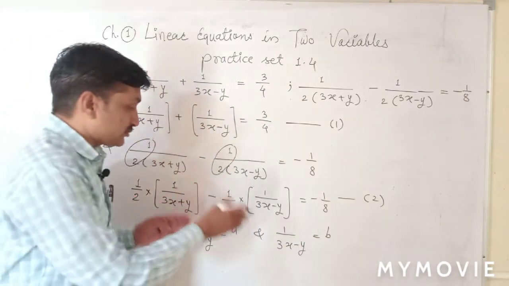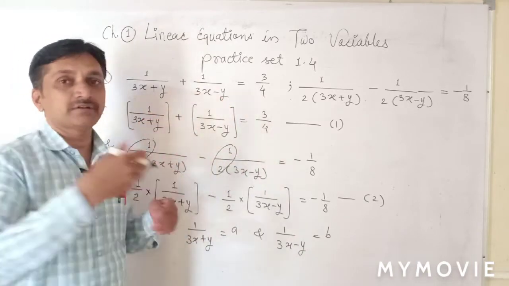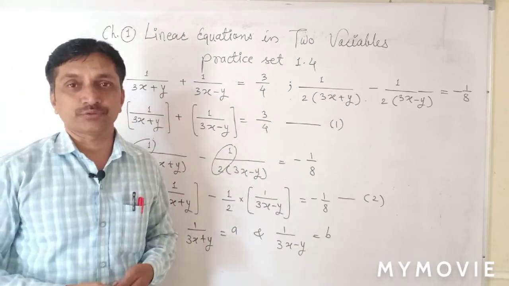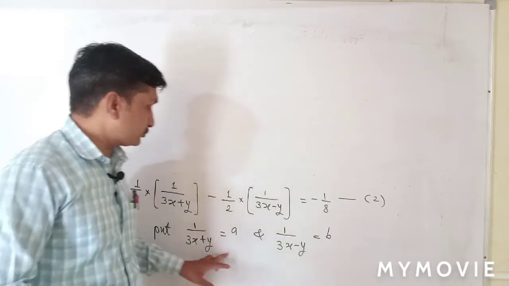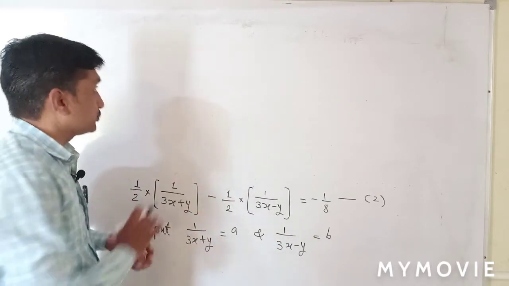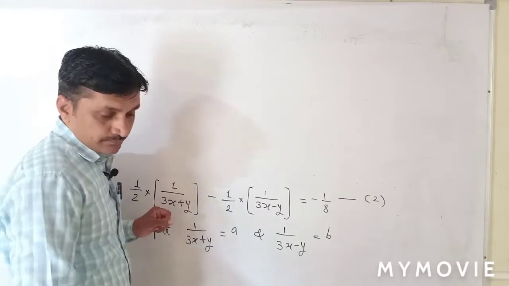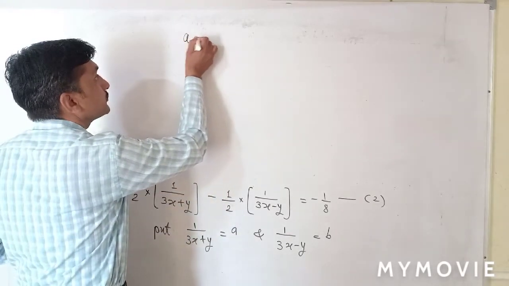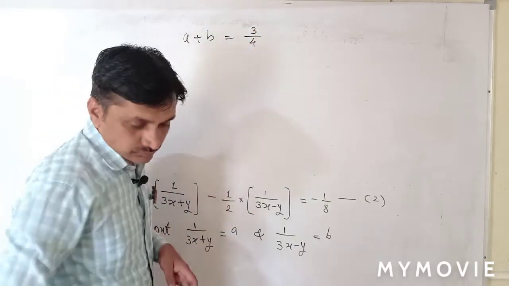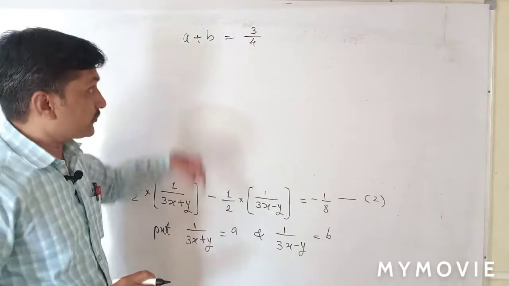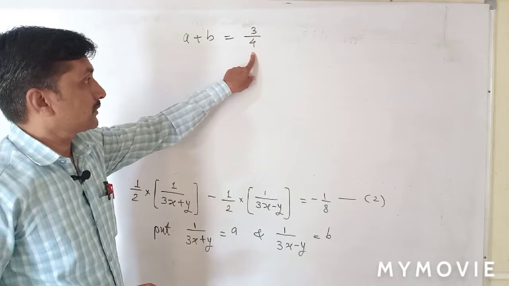By putting these two variables in equations 1 and 2, we get new equations 3 and 4. Now we put the a and b values in equations 1 and 2. We get equation 1 now: a plus b is equal to 3 upon 4.